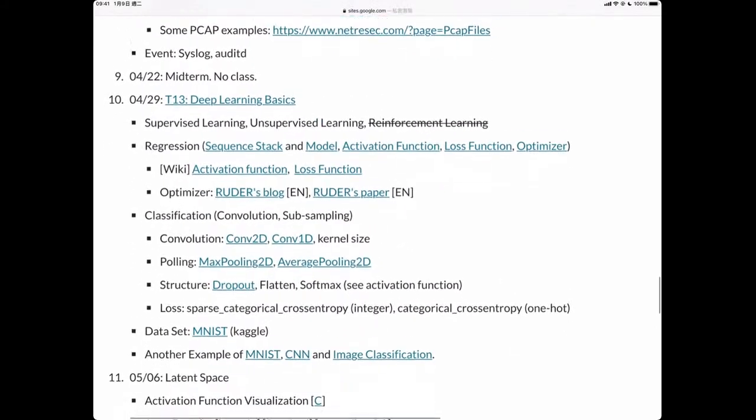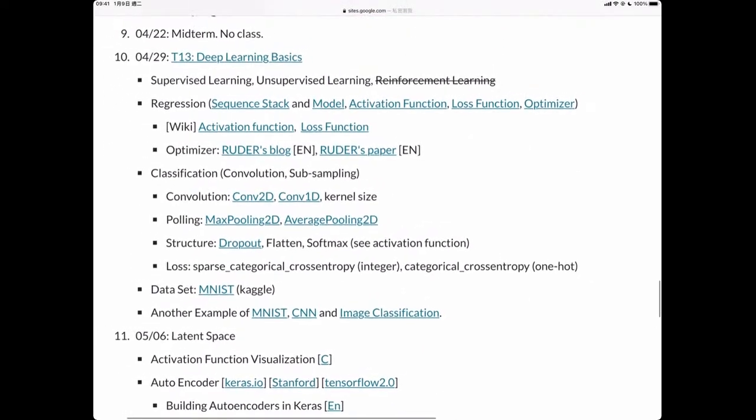Okay, last week we introduced some basic ideas of deep learning, including what deep learning is and how we map deep learning neural networks to, for example, regression. There are several things you have to deal with when you design your own deep learning model, like how you stack different layers to build a model.